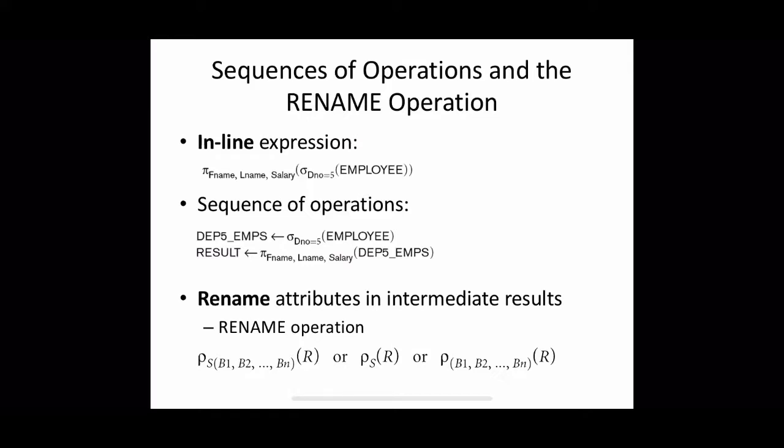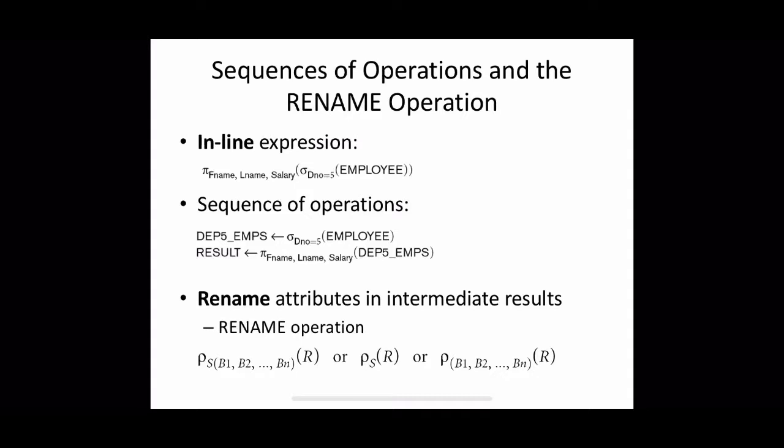So we have to give some name to that intermediate relation. Here, the department 5 employees will be the name given to the set of employees belonging to department number 5. Then we perform the project operation, and the final result relation is also given a name. So each step should be named properly.